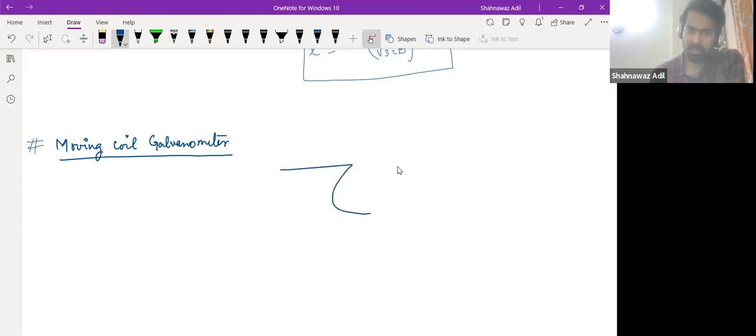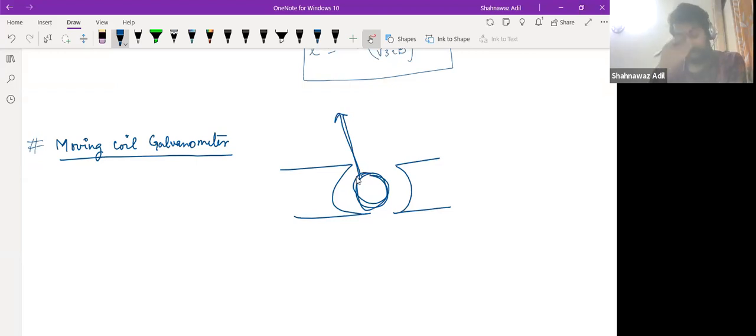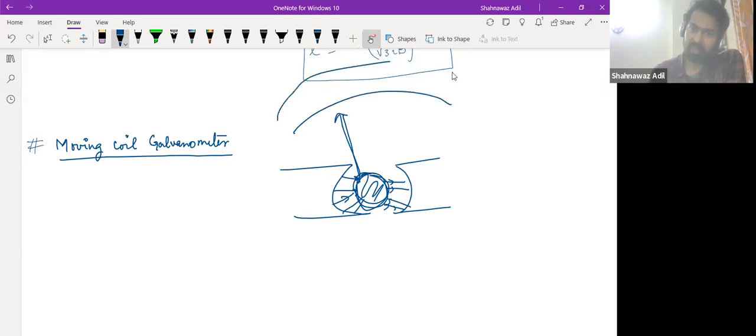We had this soft core, and these two magnets are placed, and this has some winding, right? And the magnetic field is going radially. So we calculated that, and this has some angle.